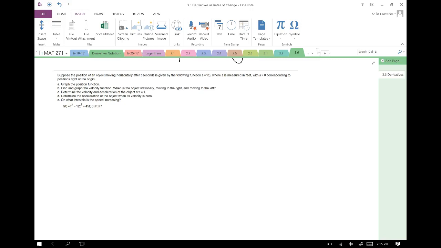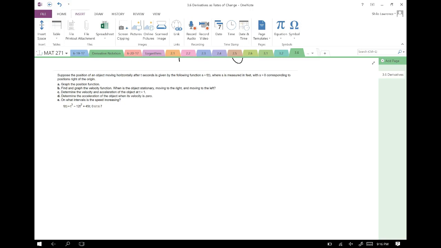We want to suppose the position of an object moving horizontally after t seconds is given by the following function, s equals f of t, where s is measured in feet, s is greater than 0, corresponding to positions right of the origin. So if s is positive, we're moving to the right. If s is negative, we're moving to the left.